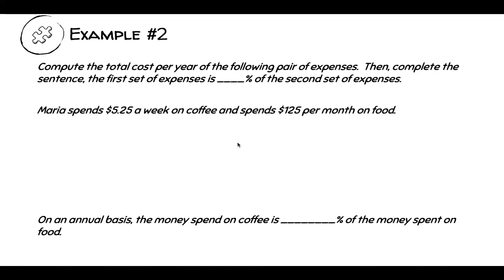So let's start with coffee. We go with $5.25 per week, and we multiply. We know that 1 year is 52 weeks. Our week unit cancels out. And 5.25 times 52 gives us $273 per year on coffee.